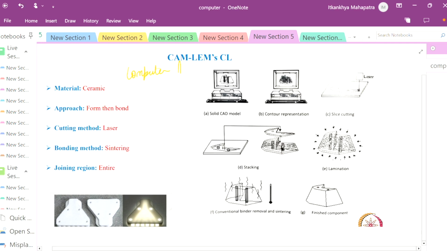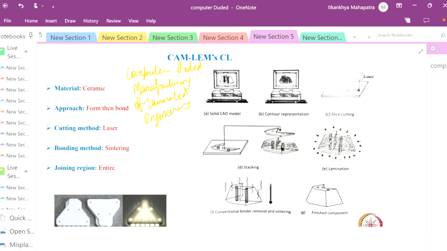Computer aided manufacturing of laminated engineering materials. This is mostly used for ceramic.